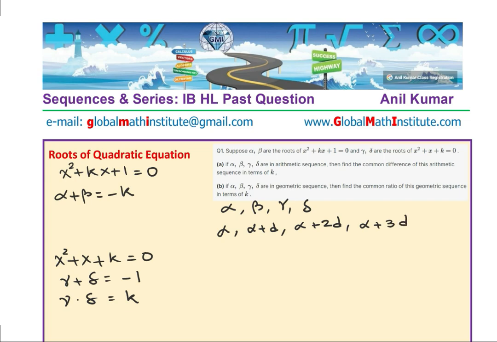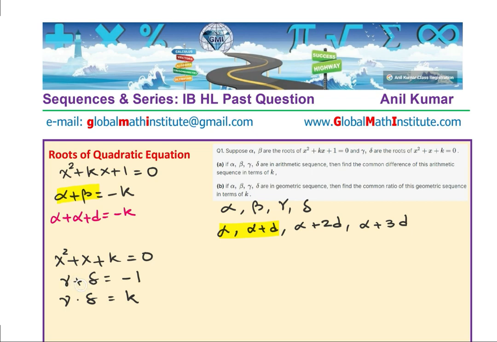Now, when I say alpha plus beta is minus k, it means alpha plus d is minus k, right? So we can rewrite this equation as alpha plus common difference is equal to minus k.